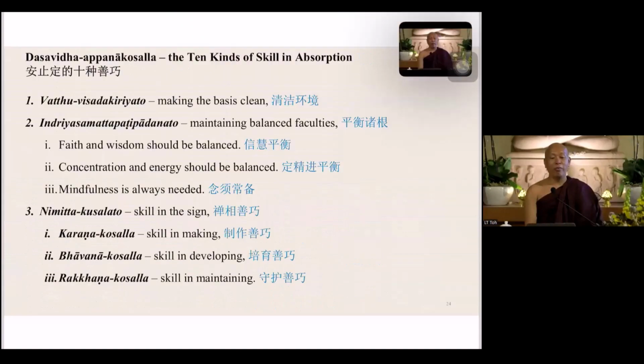Right? Tomorrow we have to continue with anapanasati, the 10 kinds of skill in absorption. Okay? But today we don't have enough time. So the main thing is, when we talk about Vipassana bhavana, last night I have already introduced. Sometimes we wish to practice pure Vipassana vehicle.